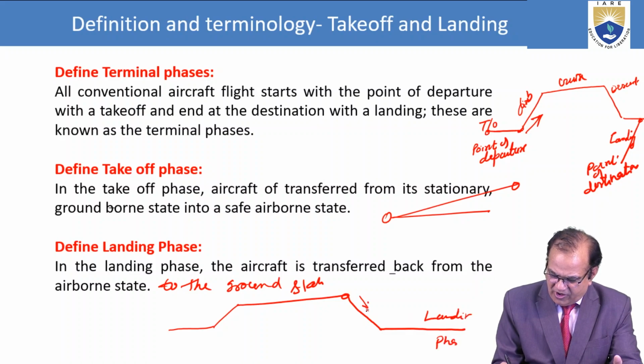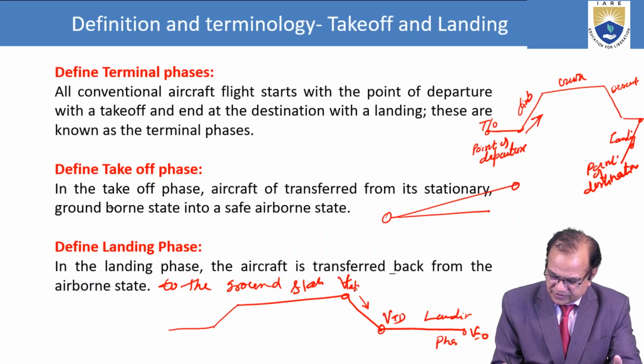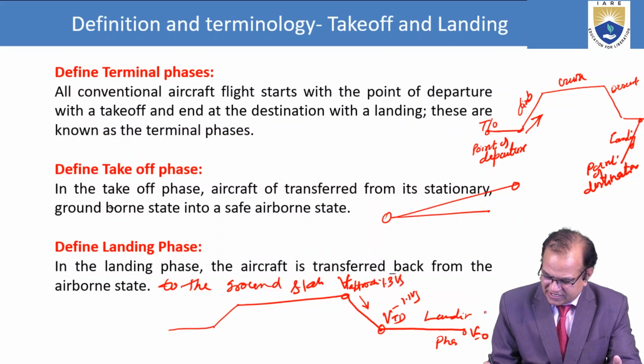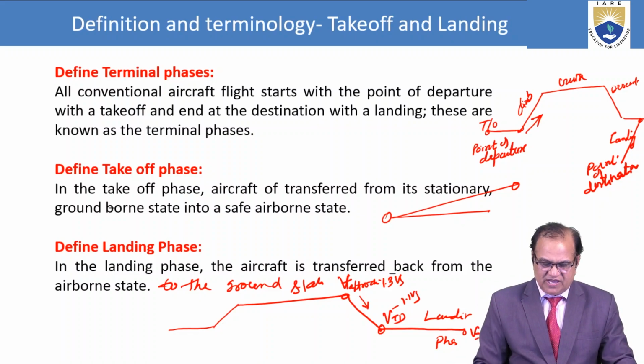From airborne, here it is, and here V is equal to 0. It is V touchdown. This is the V approach. It is 1.3 Vs, 1.1 Vs, and V is equal to 0. So these are the phases which are explained here.